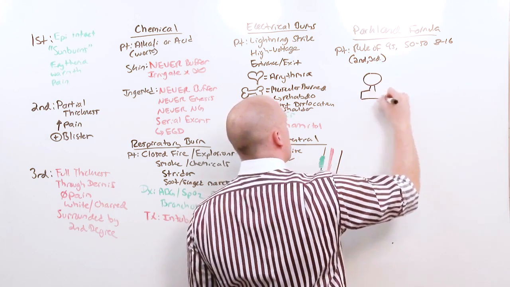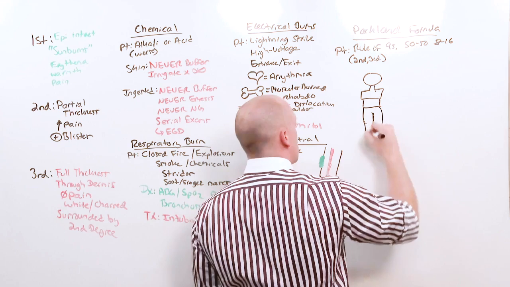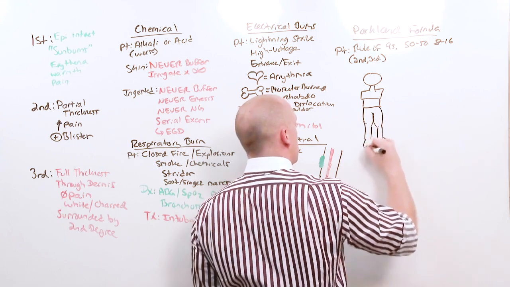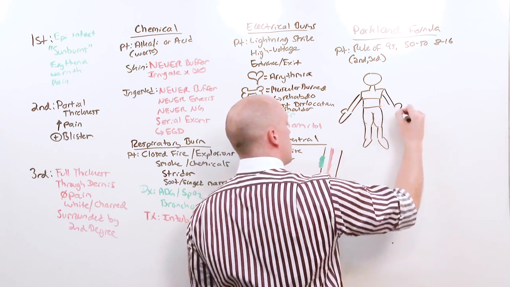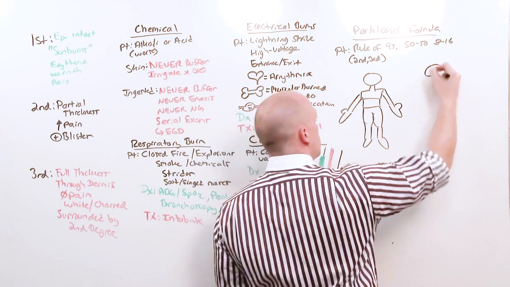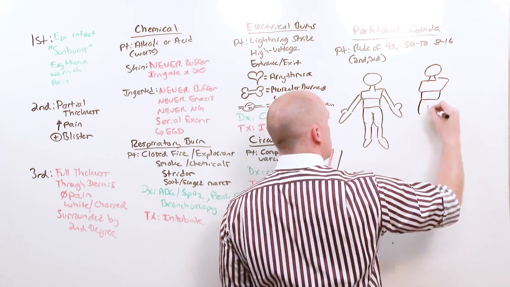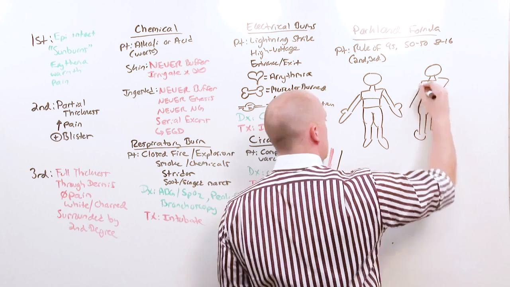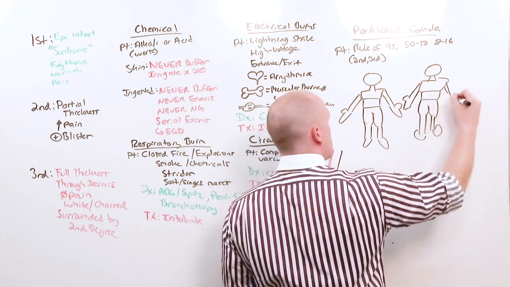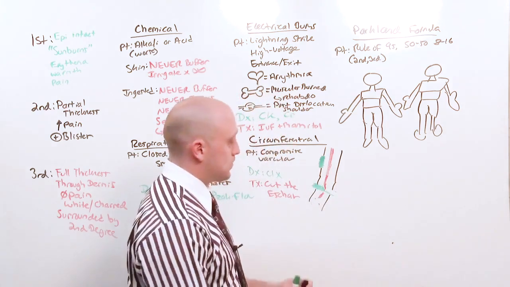Here's our model. You need to look at this guy from the front and the back, and you'll know which way is front and back based on the positioning of the hands and feet. All right, the rule of nines goes something like this.